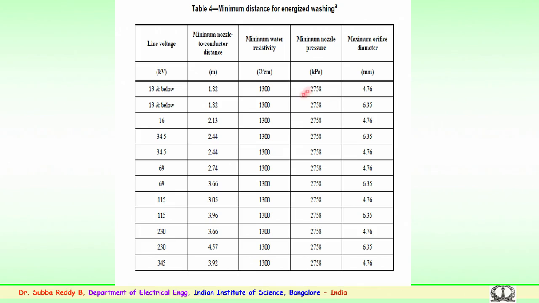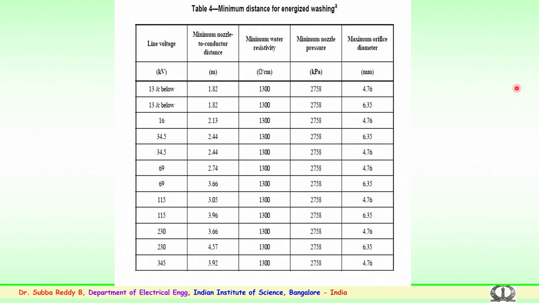Likewise, as the voltage level increases, the nozzle to conductor distance changes, the minimum water resistivity remains the same, the minimum nozzle pressure remains the same, and the maximum orifice diameter changes to an extent depending upon the voltage level and the spray being done.